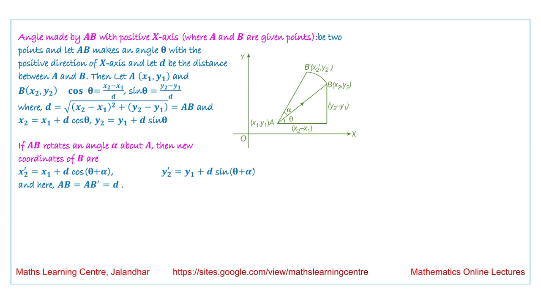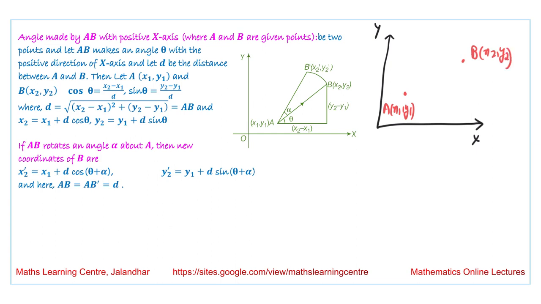Next, suppose this is the x-axis and the y-axis, and we are talking about 2 points A and B. The coordinates of point A are x1, y1, and the coordinates of point B are x2, y2.